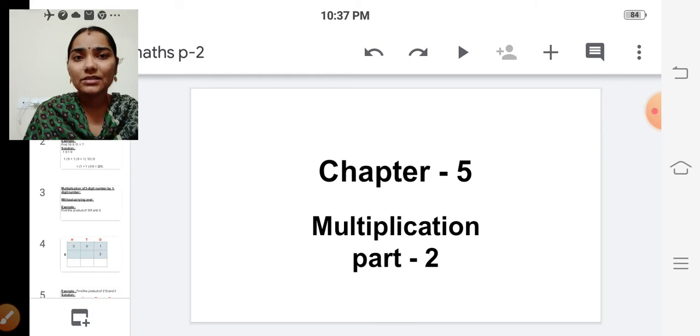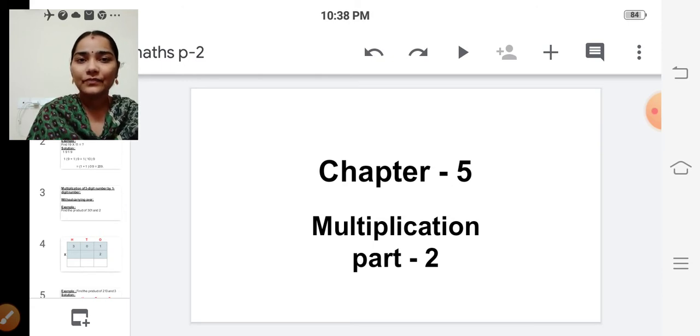In multiplication, if we change the order of the numbers, the product remains the same. That is the first one. What is the second one? If we multiply any number by 1, then the product is the number itself.